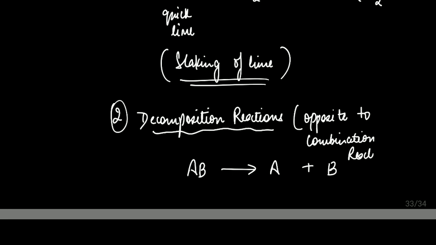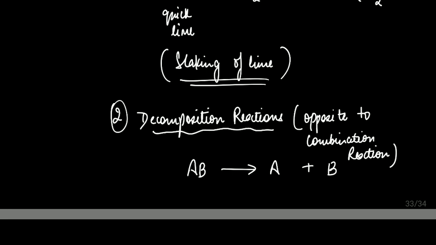If we get multiple types of reactions in a question, and they are asking us to identify the type of reaction, decomposition and combination are very easy to identify. Combination, where two reactants are combining to give a single product, that's the identity. Decomposition, a single compound or molecule is going to break up into its respective elements. That's the identity of a decomposition reaction.